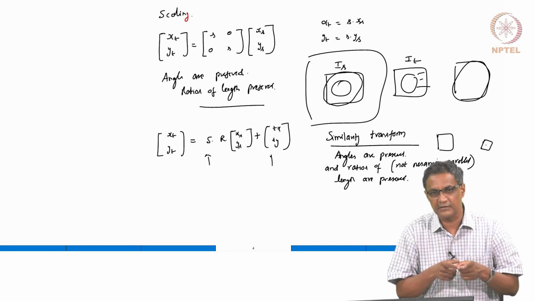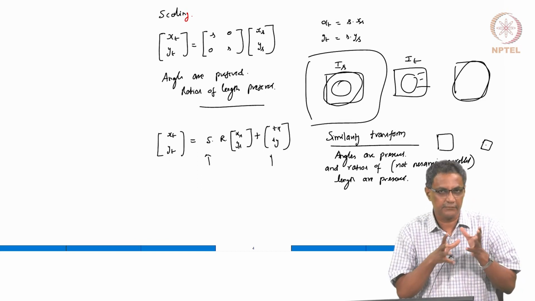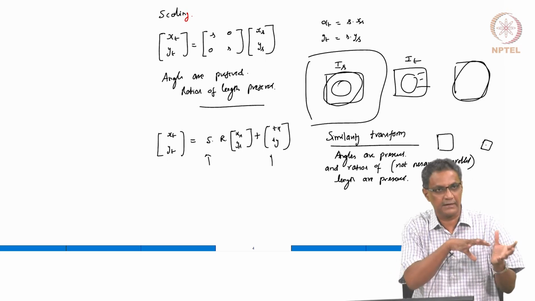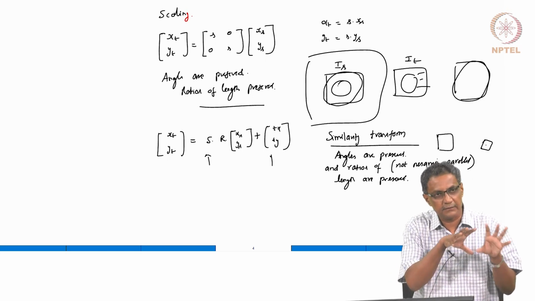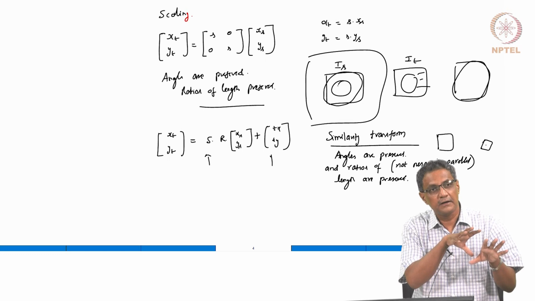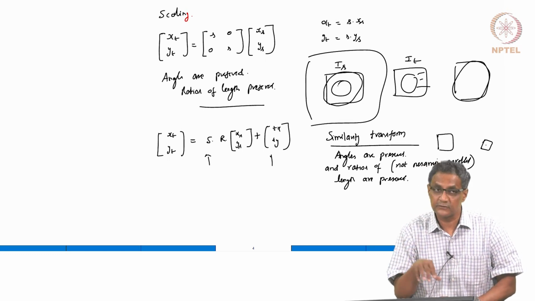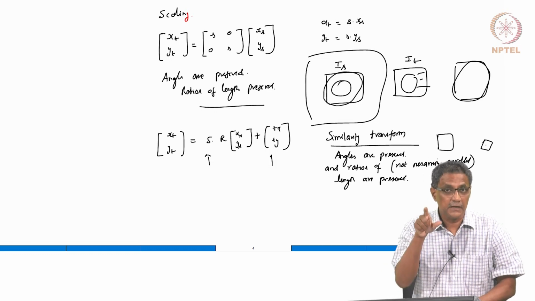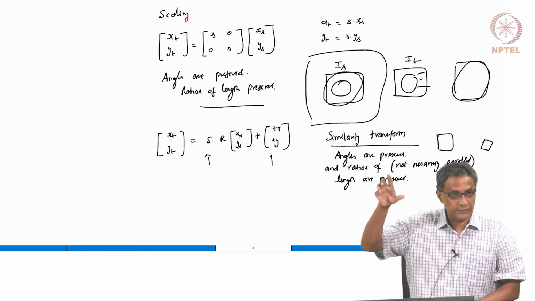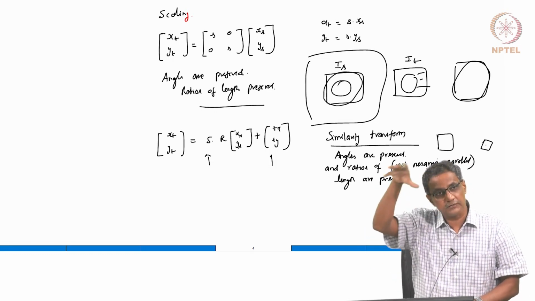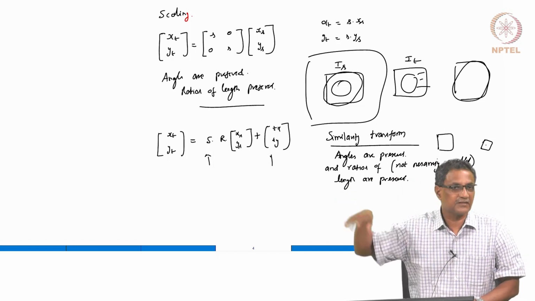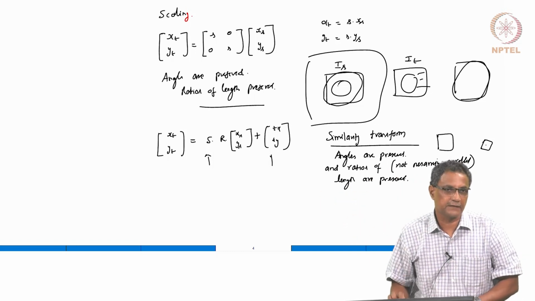Depending on what you want, I can also have a situation where I want to translate first and then apply an R, which will mean that my actual transformation becomes R into x minus Tx, y minus Ty. That's also possible. But if you want to write it in terms of a tx and ty, then the tx will become cos theta times this tx and so on. It's just a matter of how you write it.